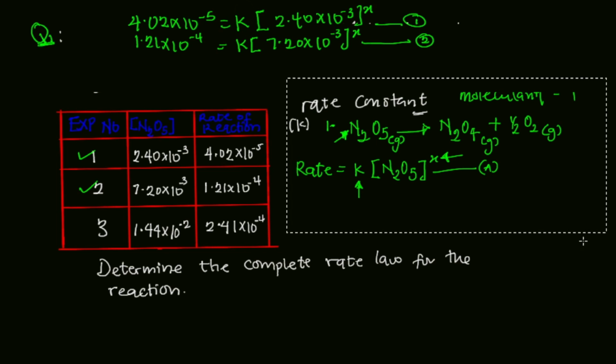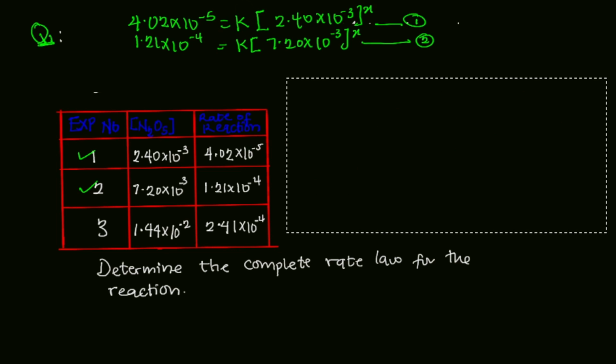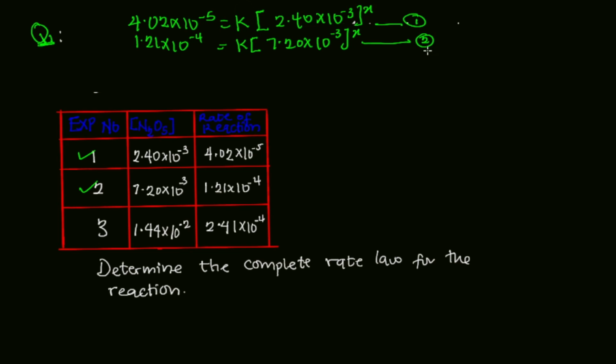Now the next thing I need to do is simplify this. Right? I have to simplify it. So now let's go. This is equation 1 and this is equation 2. In order for me to get the value of k and x, I'm going to divide equation 2 by equation 1.